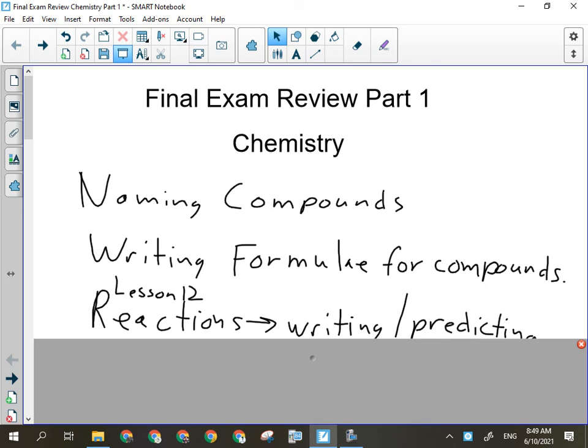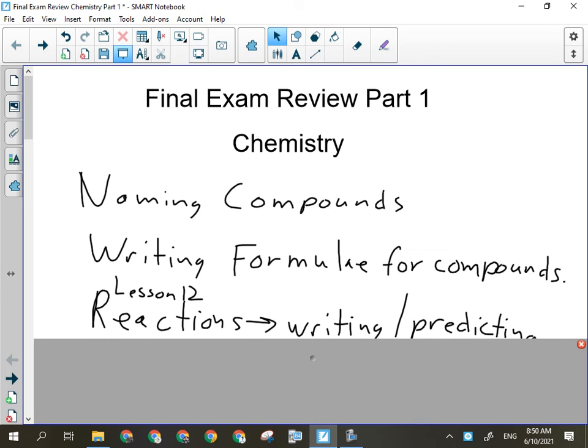Okay, so being able to identify the types, right? Obviously, you have to be able to do that if you're going to predict one, right? So knowing the synthesis, decomposition, single replacement, double replacement, and combustion, okay? Being able to know what the patterns are for each reaction, definitely something to review and go over because you will be asked to do those things on your final exam.